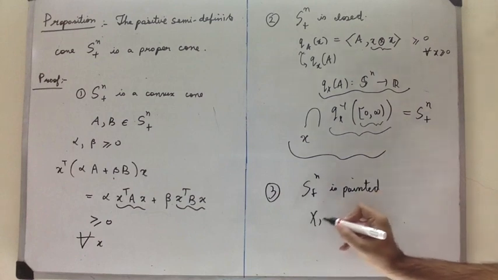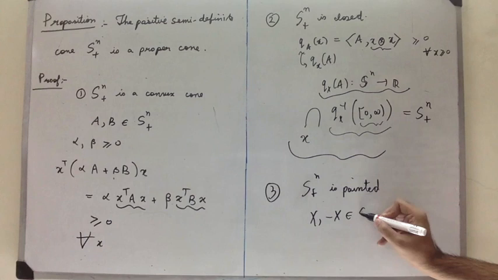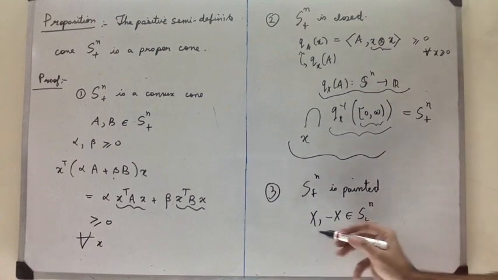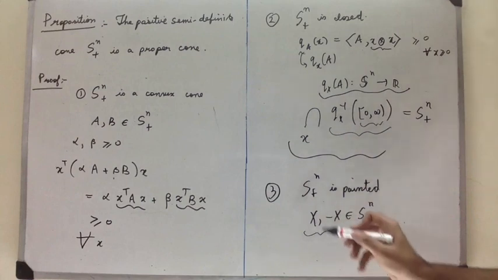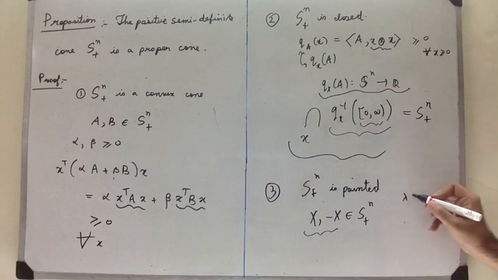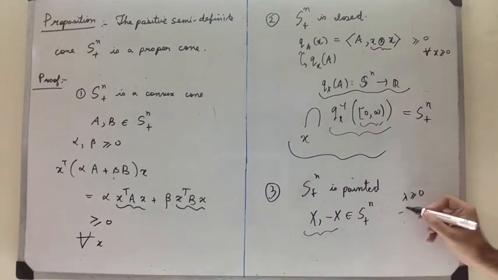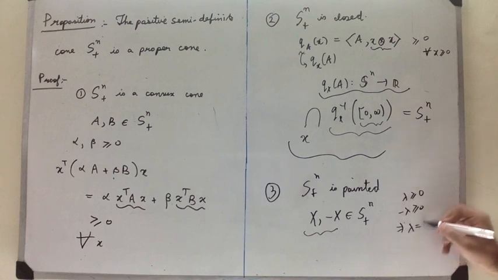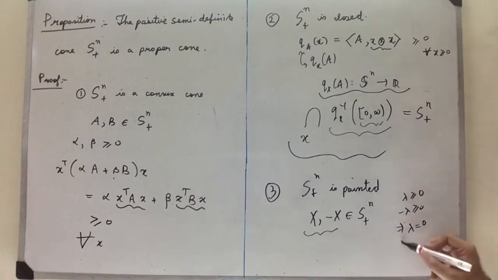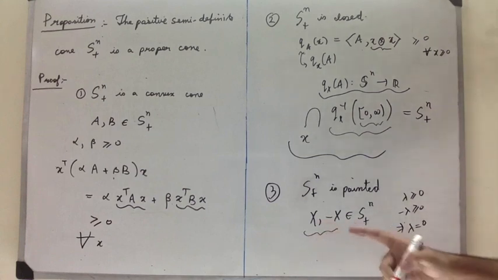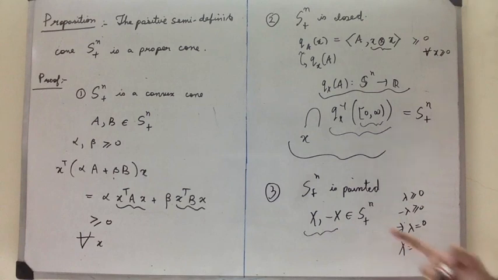If X and minus X both lie in the positive semi-definite cone, the eigenvalues of minus X will be the negatives of those of X. So essentially, you are saying that both lambda is greater than or equal to 0 and minus lambda is greater than or equal to 0. This implies all the lambdas are 0. So X has to be 0. So the only matrix with both the antipodal pair contained in S^n_+ is the 0 matrix.